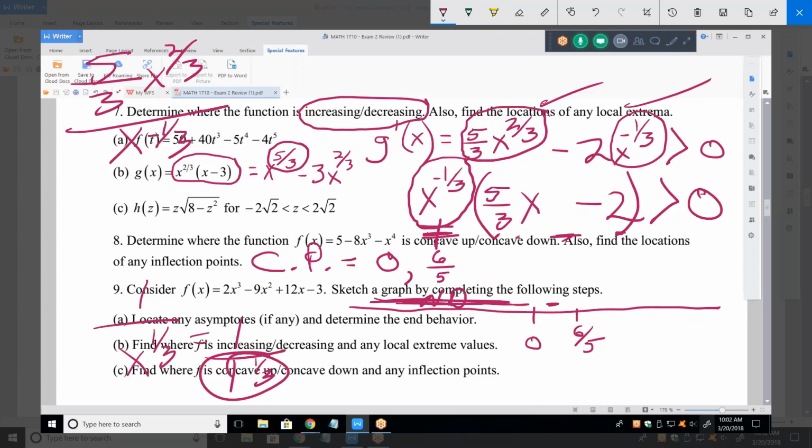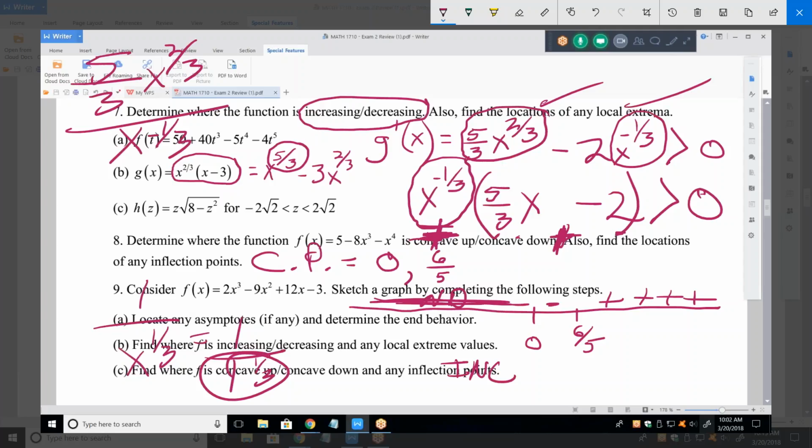And now what? And then just 2. Okay, 2 produces a positive there and a positive there. So it's positive here. So our answer for increasing is what? Increasing is 6/5 to infinity.